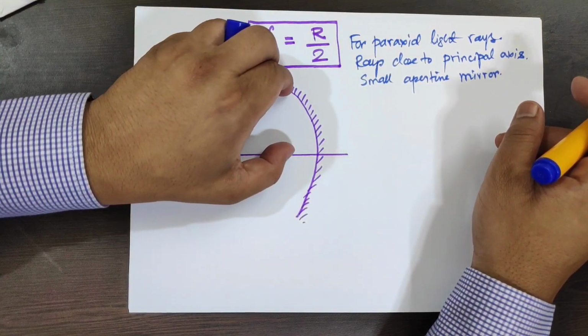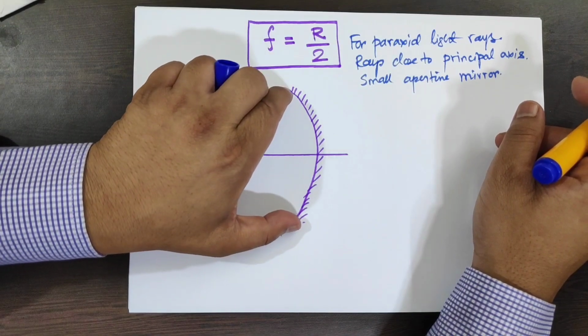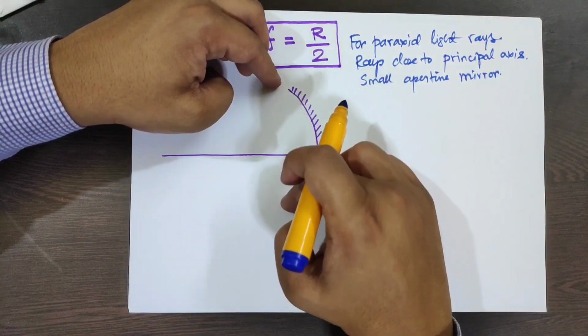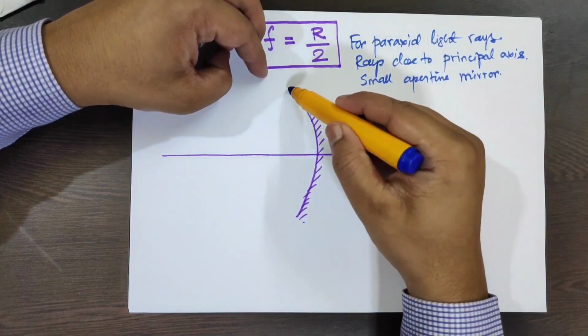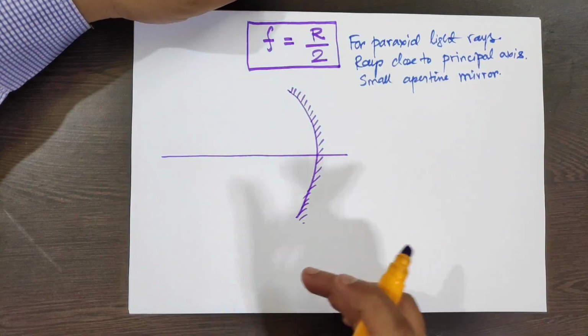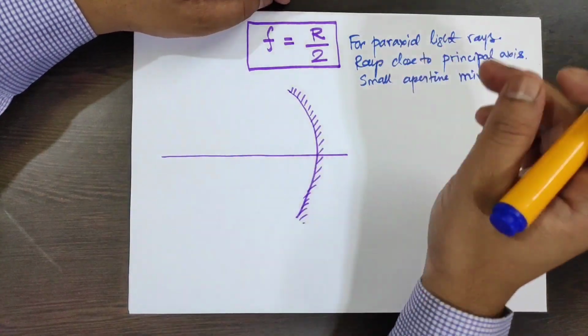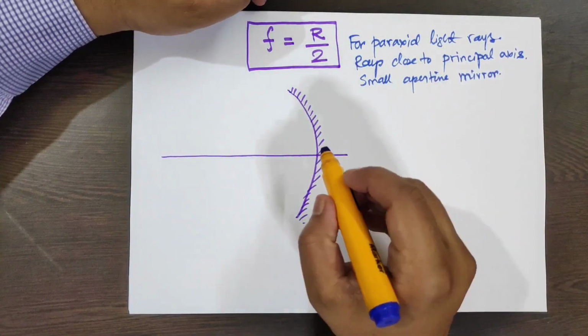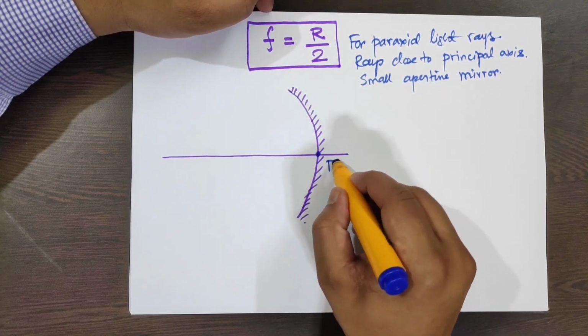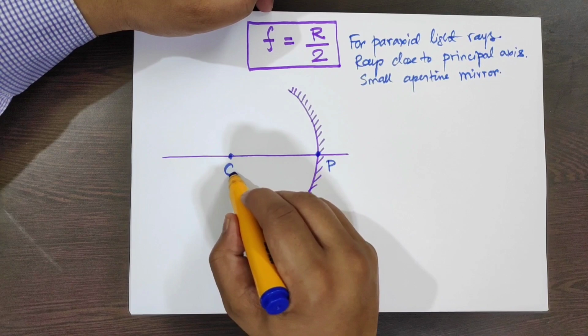So this diameter of aperture is this. So if this diameter, from this point to this point, distance is much smaller than radius of curvature, then obviously the light rays are close to principal axis. Okay. So that is the pole, center of curvature.